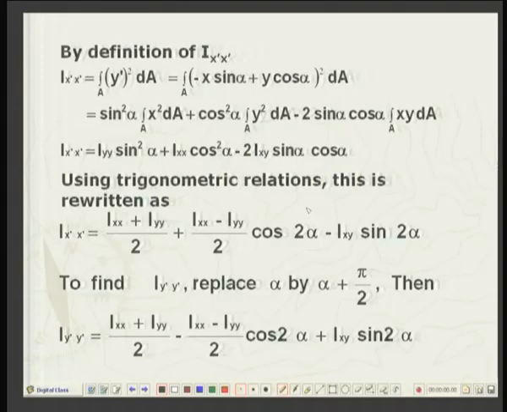Now, looking at the relationship for Ix dash x dash and Iy dash y dash, if I add up these two equations which we have already obtained, then you can easily see that the last two terms will cancel each other, and because there is a negative sign here and a positive sign here, these will also cancel each other. So, we will be left with Ixx plus Iyy.